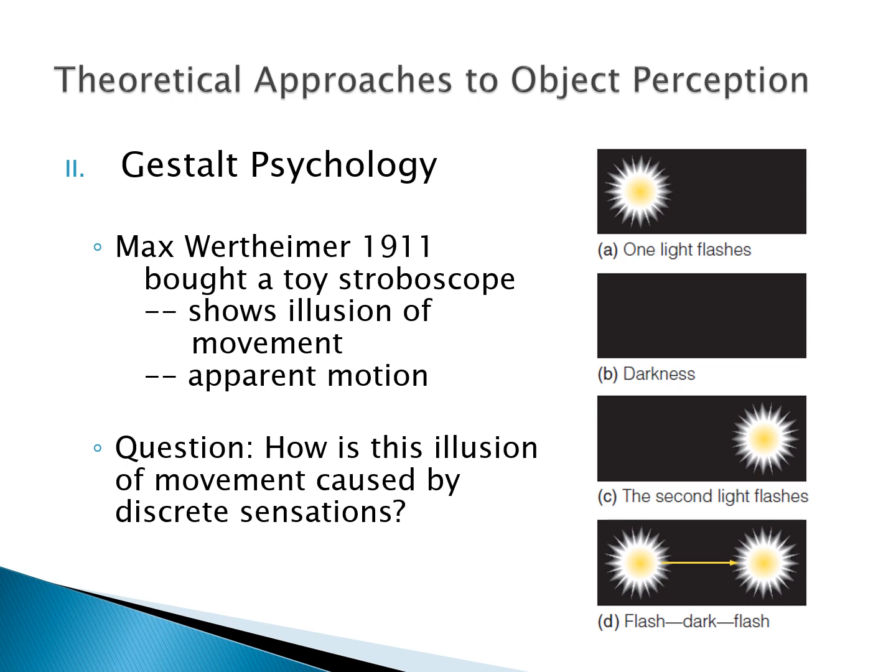The second approach to how we recognize objects, that I just briefly introduced in the first part of this series of PowerPoints, was the Gestalt psychology idea of how we are performing this perceptual organization, and that it isn't about discrete sensations. Like this light coming on and then there being darkness and then another light coming on in a new place.